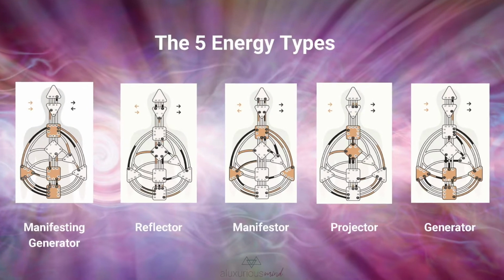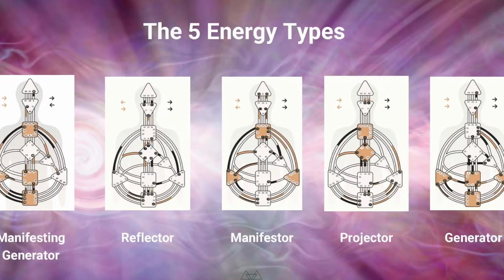You'll be one of 5 different energy types. And really understand what your strategy and authority is and start learning to master that before worrying too much about the details of all the other things in your chart. All that said, I'm being called to speak to the more advanced information in the arrows in a very simplistic way, just to have this conversation around productivity. So just keep that in mind.